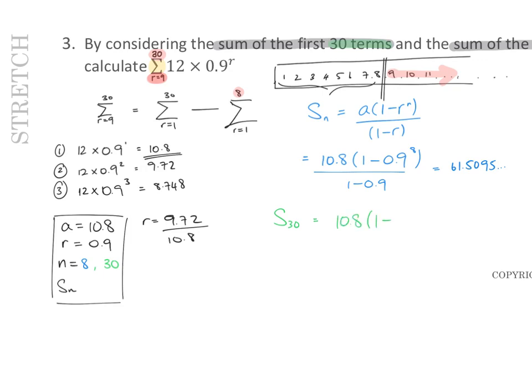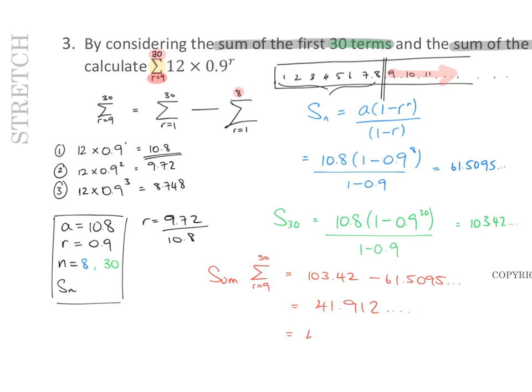So the same formula, but n has changed to 30. And that is 103.42. So therefore, my overall sum, the sum from 9 to 30, is my sum to 30 minus the sum to 8. So I can put that in my calculator again, and that gives me 41.912 something.